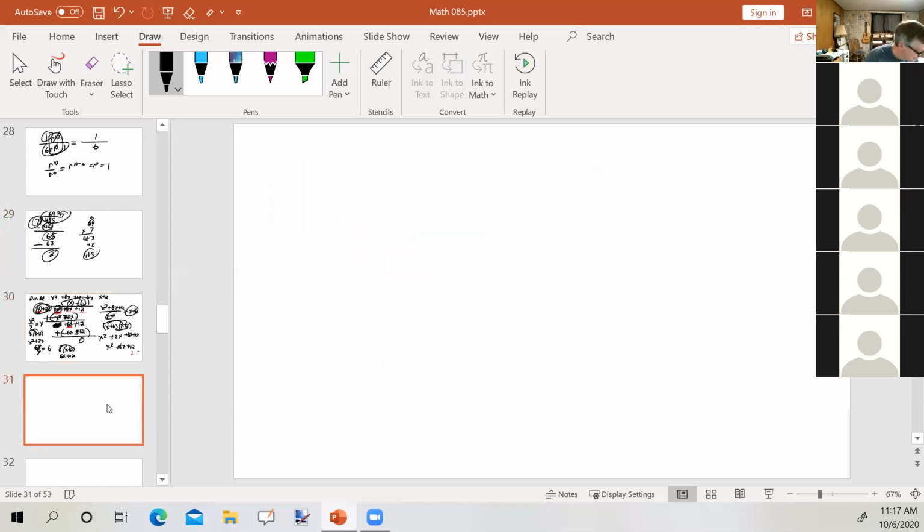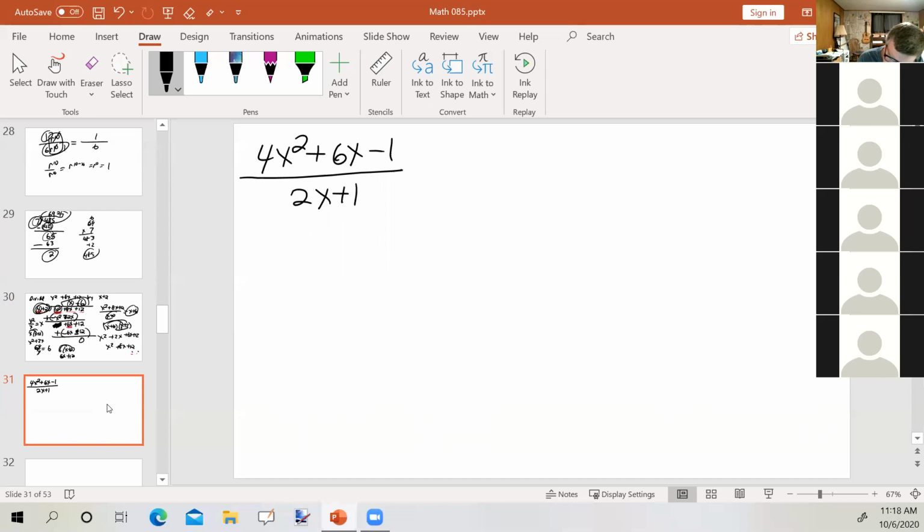Let's take a look at another one. Let's say I've got 4x squared plus 6x minus 1 over 2x plus 1. Okay. So my dividend goes inside, that's the numerator.